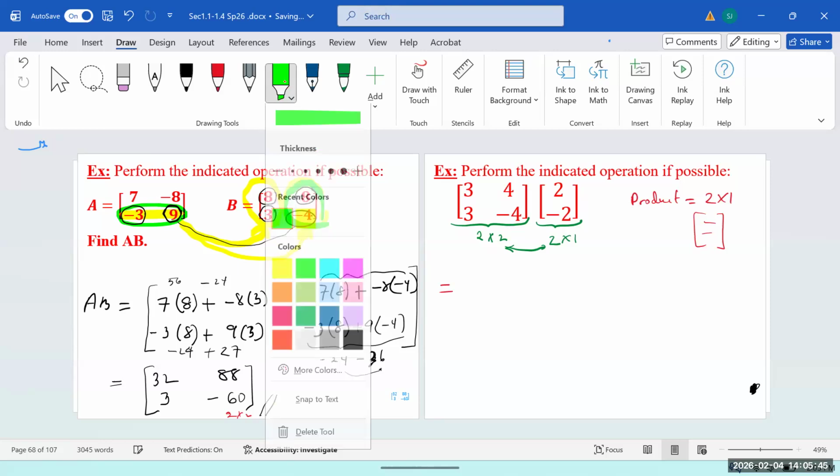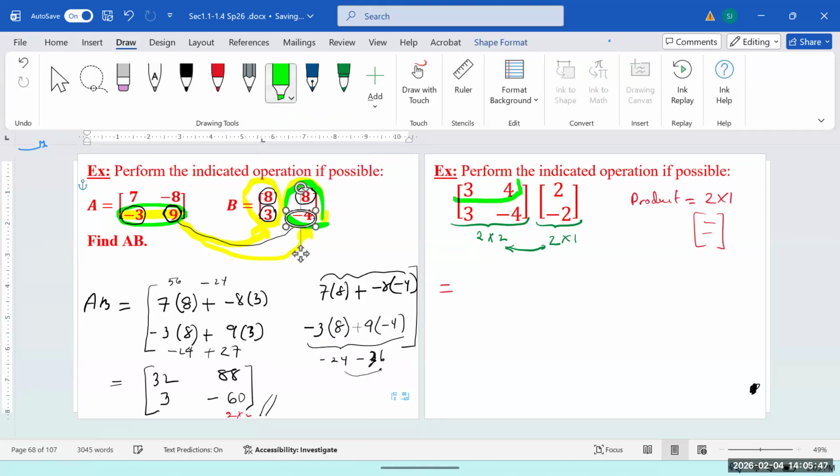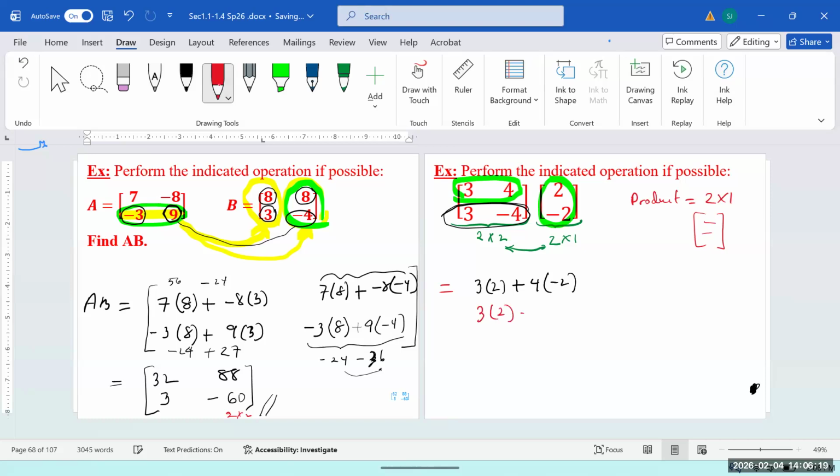What did you do? So first we look at the first row, and then we multiply the first row by the matrix. So we start with 3 times 2, and then we add 4 times -2. Perfect. And then we look at the second row and multiply it by the other matrix. And we would get 3 times 2 plus -4 times -2.